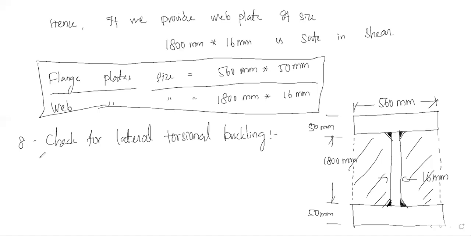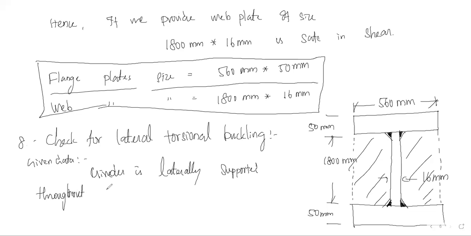But here in the given data they have said that the girder is laterally supported throughout the length. So this step is not needed for our plate girder right now, whatever we have designed.